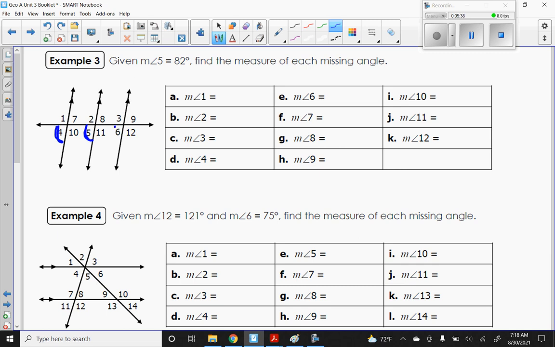Angle 6 is also corresponding and equal to it. Now let's look at all your vertical combos. 9 is equal to 6. 8 is equal to 6. I'm sorry, 8 is equal to 5. And 7 is equal to 4. All those blue angles are congruent. So I can go through here and start labeling all these as 82, because angle 5, our original angle, was 82.